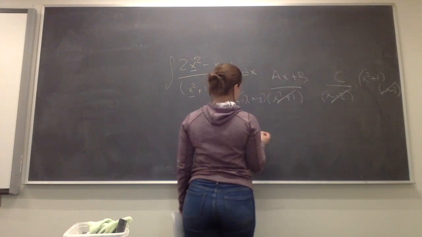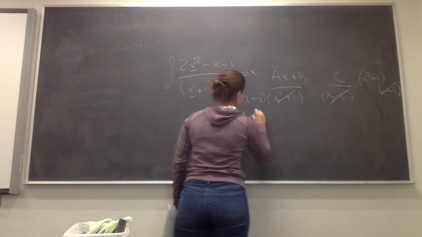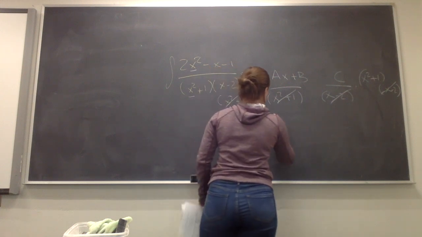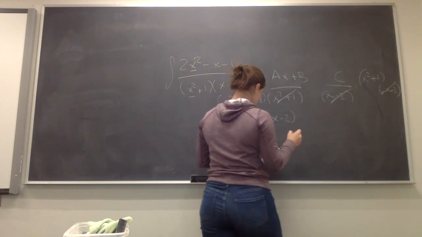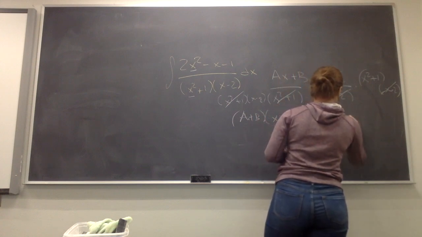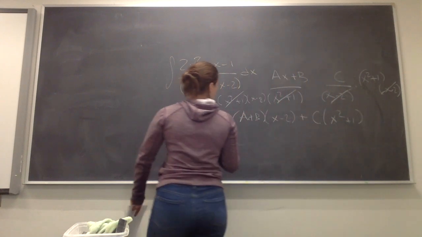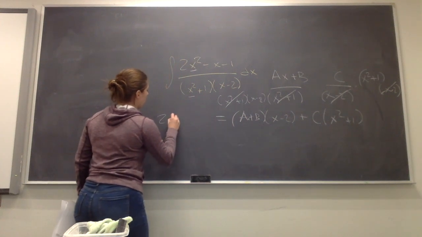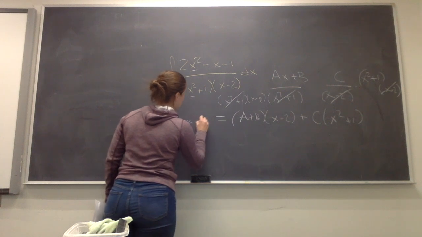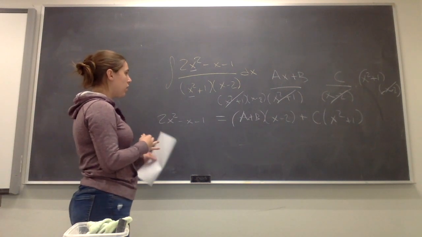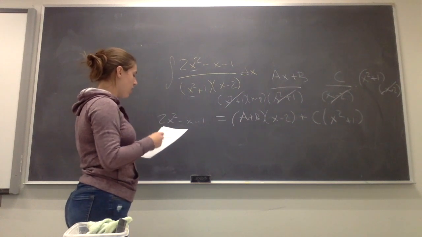So you're going to end up with this equation, which is going to equal your numerator, the unfactored polynomial.